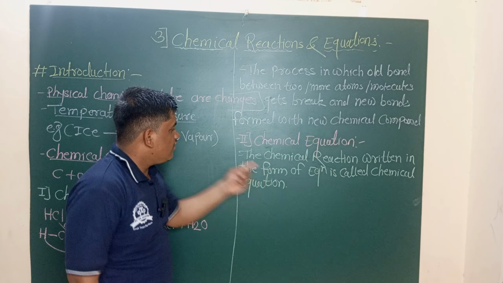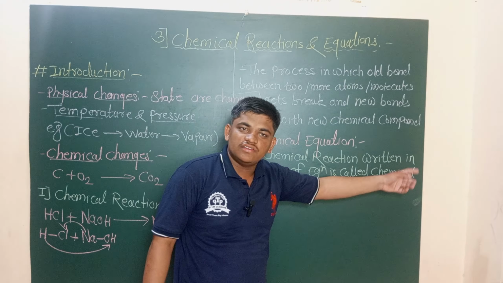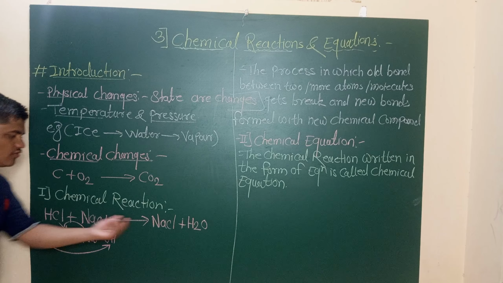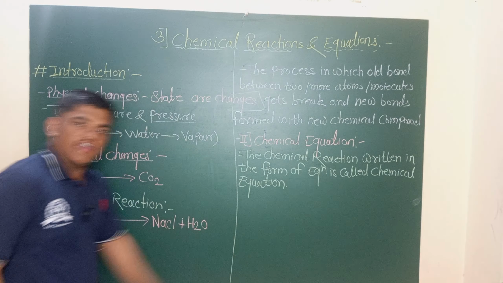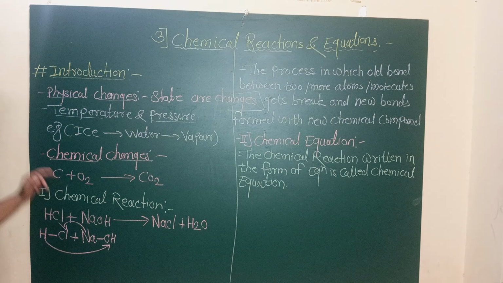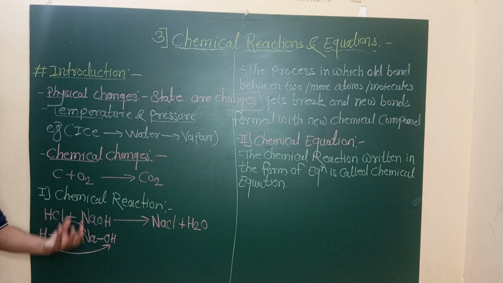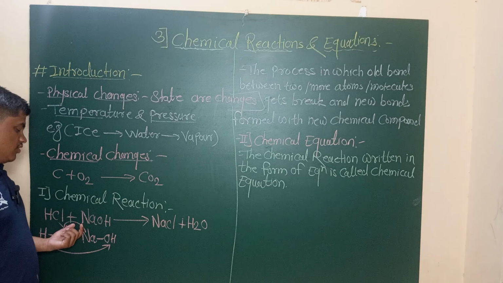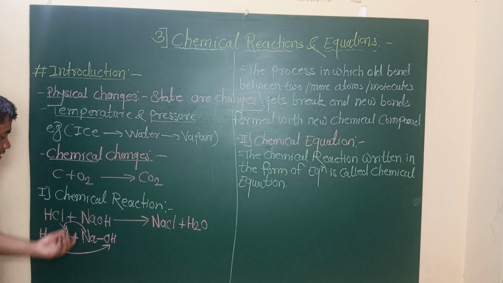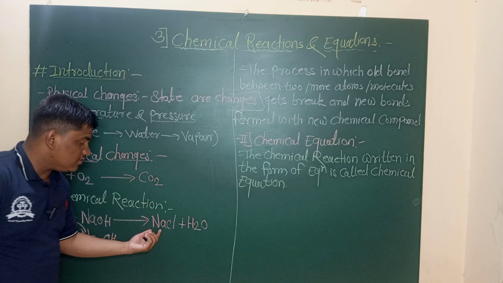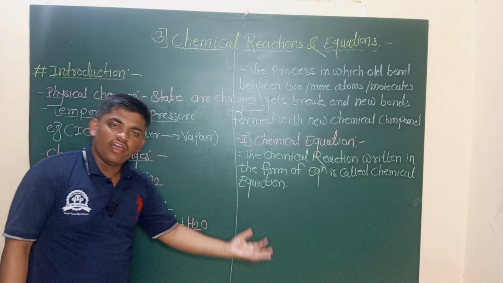What is a chemical equation? For example, hydrochloric acid reacts with NaOH to form sodium chloride and water. In this reaction, the bond between hydrogen and chlorine gets broken, and similarly the bond between sodium and hydroxide gets broken, to form the bonds between sodium and chloride and between hydrogen and hydroxide.